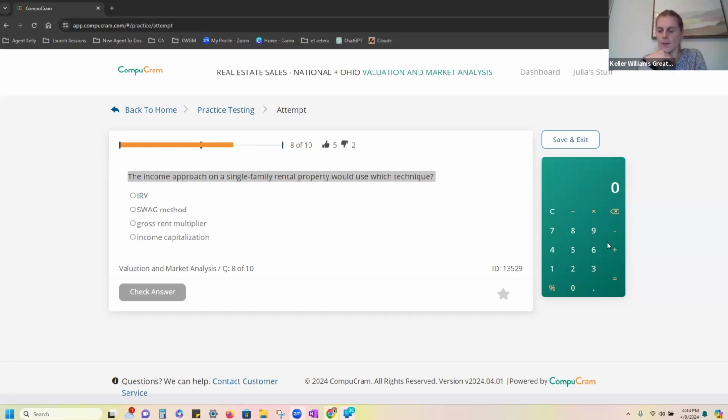Oh, I like that when I copy and paste the question, it gives you all the answers. Now it's a rental property, a single family rental property. Guesses?